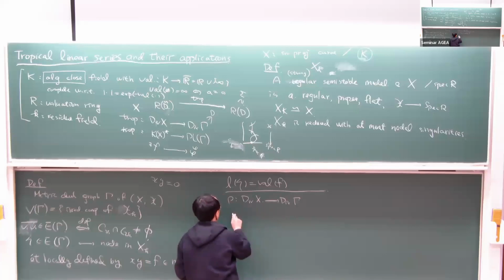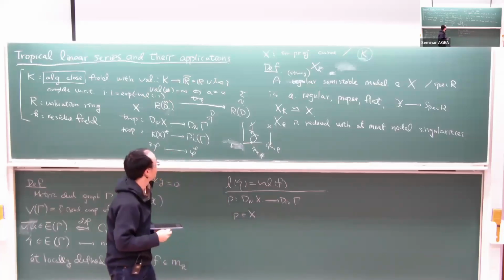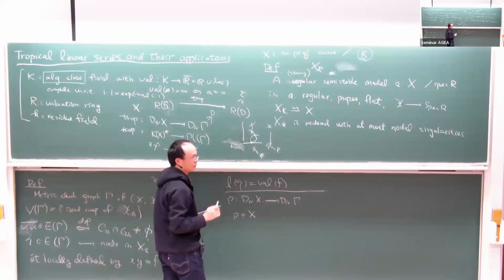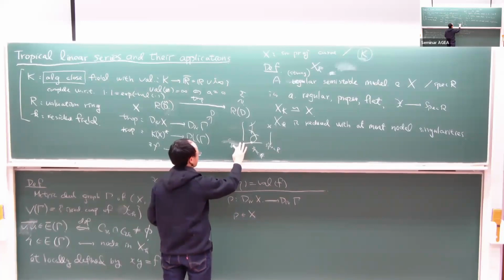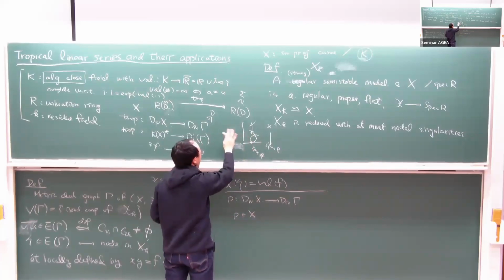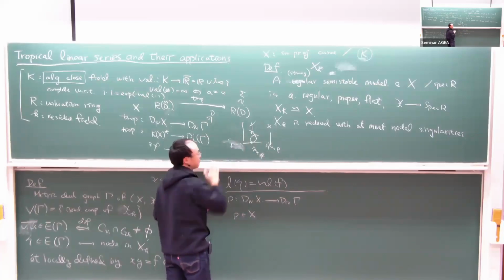If we have a point P in X, it is a point of the curve, but it is also a point of the generic fiber of this family. After you take the Zariski closure of the point, it becomes a curve in this family.